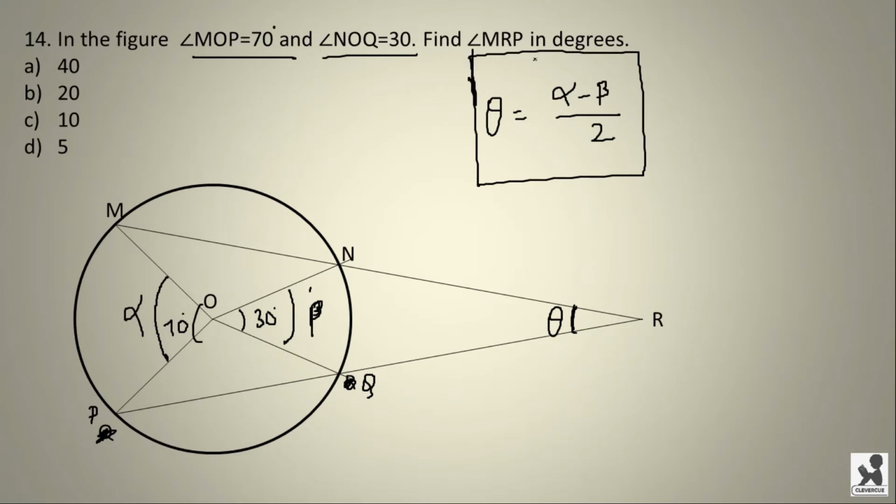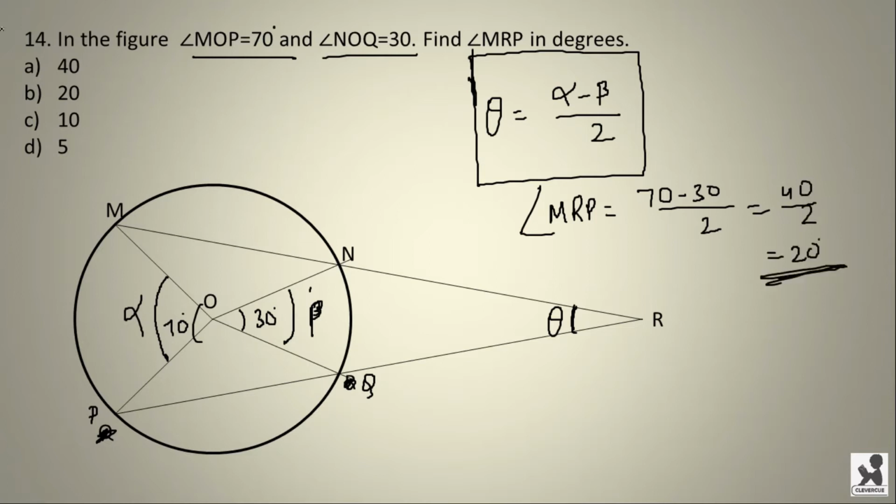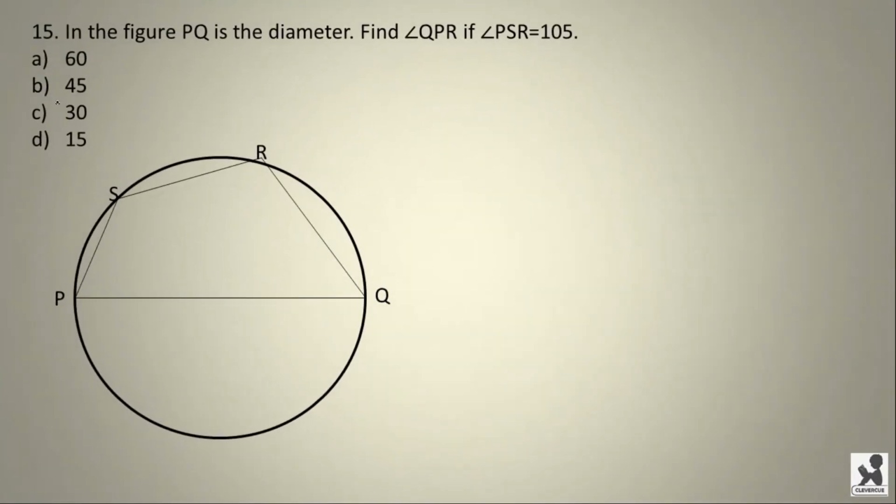Please note down this formula, and hence directly by substituting the values we can get angle MRP equal to (70 minus 30) by 2, which is 40 by 2, which is 20 degrees. We get 20 degrees as the answer. Option B is the right answer. Moving to the next question.